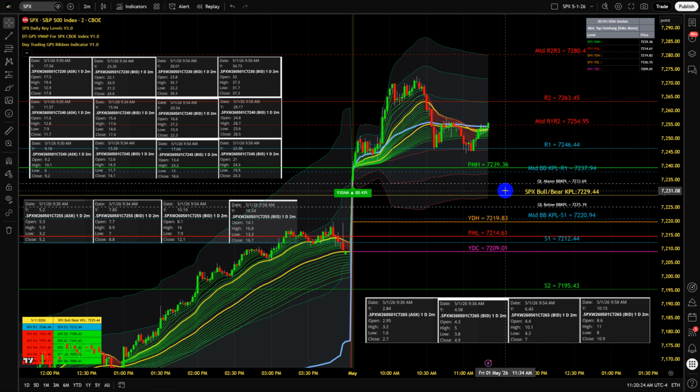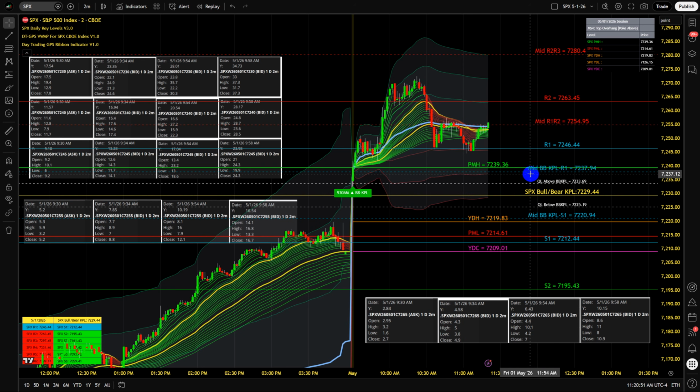Now, how do you determine the two other alternatives to the standard option play with this indicator? On this particular play, it's off the bull bear key price level. Your out of the money strike 1 is going to be the closest strike to the first midpoint above the main key level that you're taking the bullish trade from.